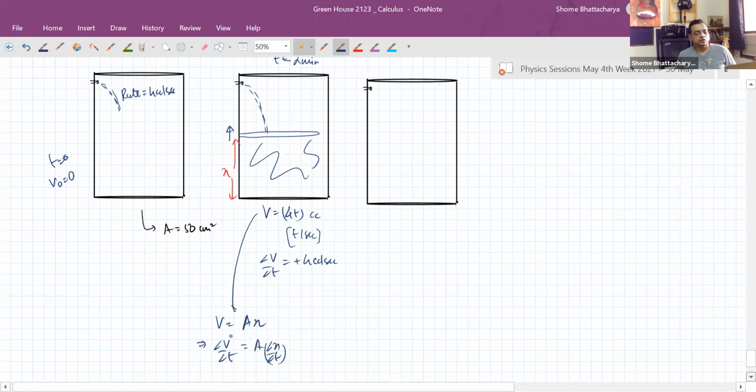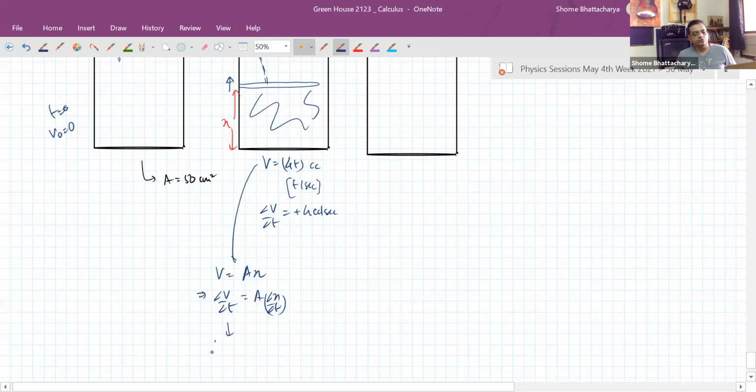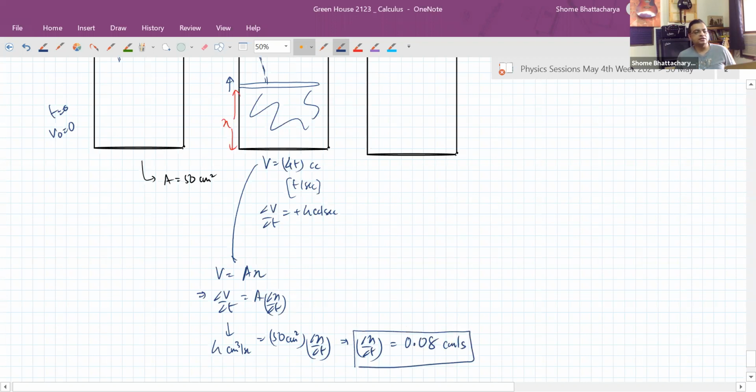This volume rate was 4 centimeter cube per second, and this area was 50 centimeters square. So what is delta x by delta t? It becomes 4 divided by 50, so that is 0.08 centimeters per second. So the height increases at this rate.